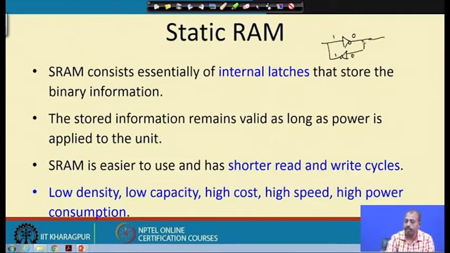As a result, this point will always remain as 0. On the other hand, if this value is 0, then this will be 1, and this will be 0, and that way this point will always remain at 1. So, static RAM has a very simplistic structure that can be formed by connecting two back to back inverters, but that way the cost of the system goes high. There are other constructions of SRAM, but we will not go into that.